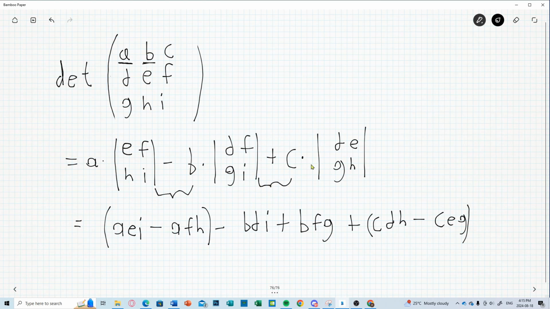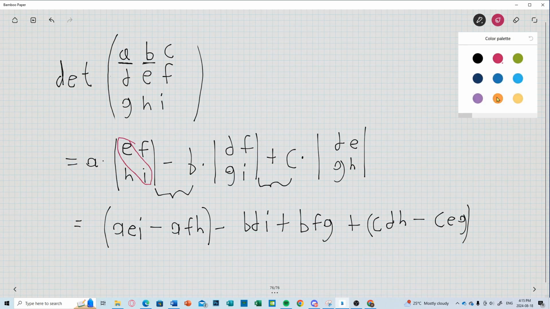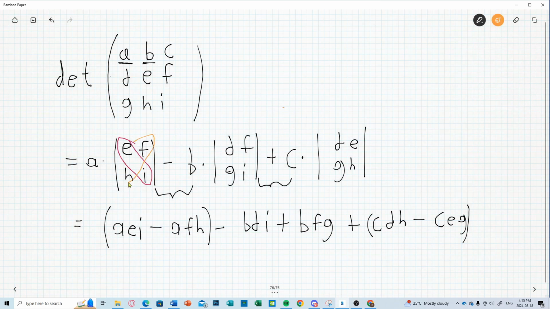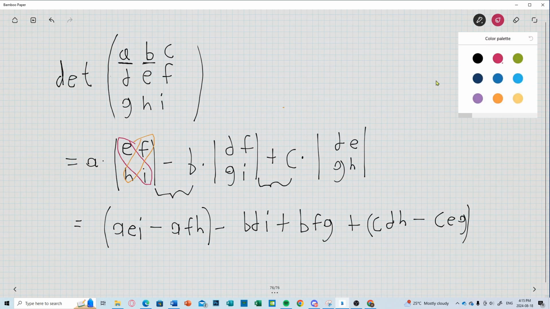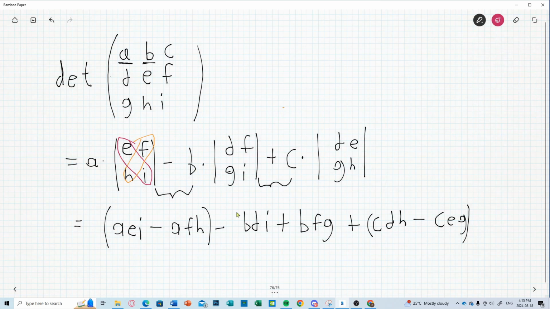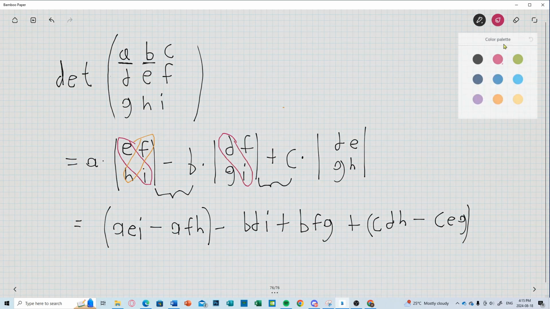We're going to add C multiplied by, if you cross out the column and row again, the D, E, G, H determinant. That gives you A multiplied by E multiplied by I, minus A multiplied by F multiplied by H, because this is going to be the same thing as this one minus this one. And now we have B multiplied by D and I, which is our first section we're doing.